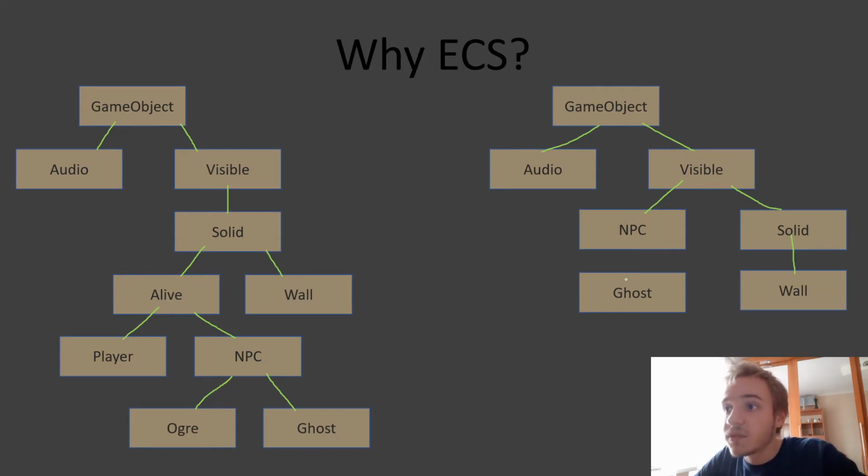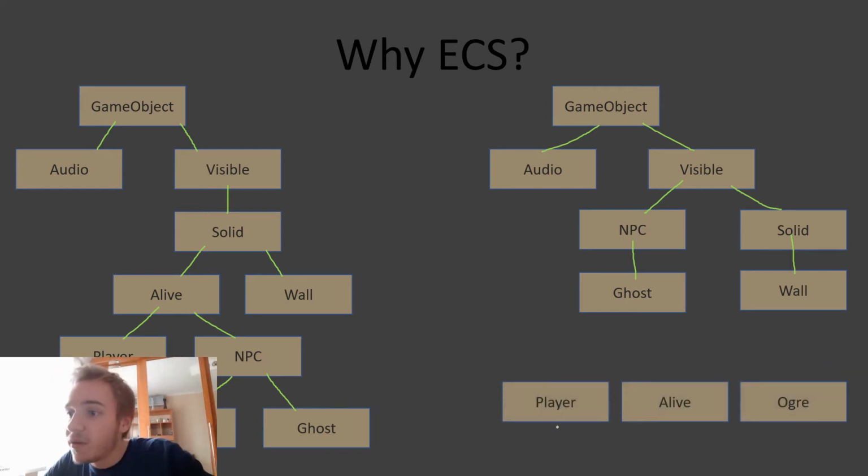And then ghost is going to be a visible non-player character game object, but then where do we place in that hierarchy player, alive, and ogre? We could create an alive solid or solid NPC.